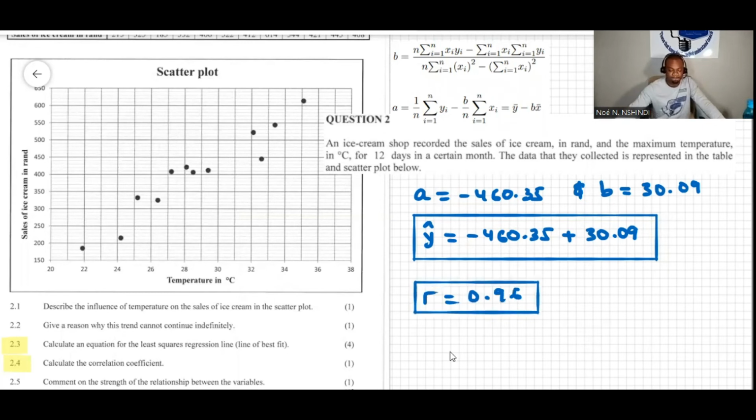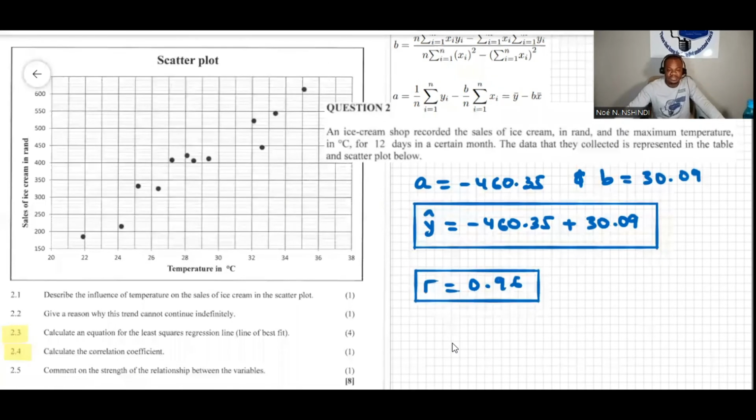Now, question 2.5 says comment on the strength of the relationship between the variables. All right, we're going to look at the correlation coefficient here, and then we can say from there that there is a very strong positive relationship.